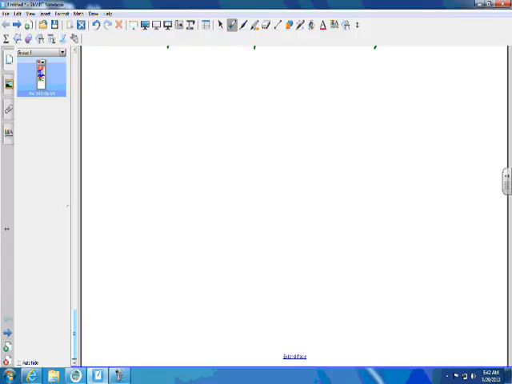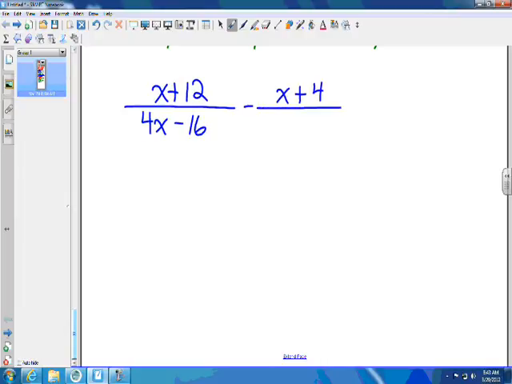So we have x plus 12 over 4x minus 16, and we are subtracting x plus 4 over 2x minus 8.